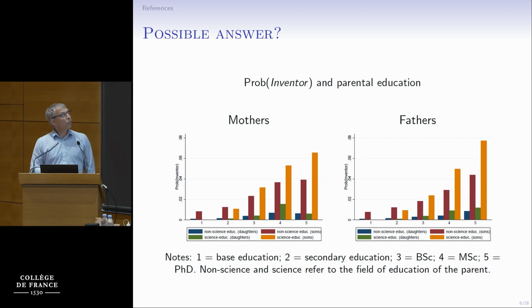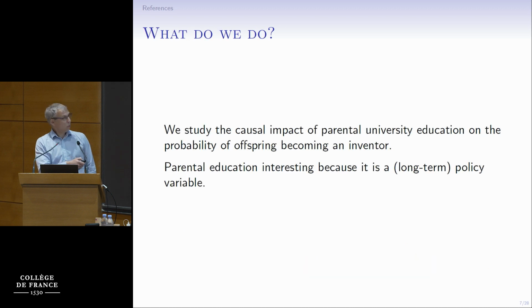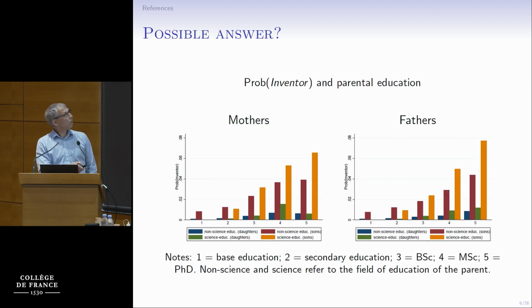And indeed, if you look at what happens when you change parental education and look at the probability of inventing, let me walk you through these graphs. Again, we have mothers on the left, fathers on the right, and we start from base education, secondary, bachelor, master's, and PhD. Let's look at the red and orange ones first.